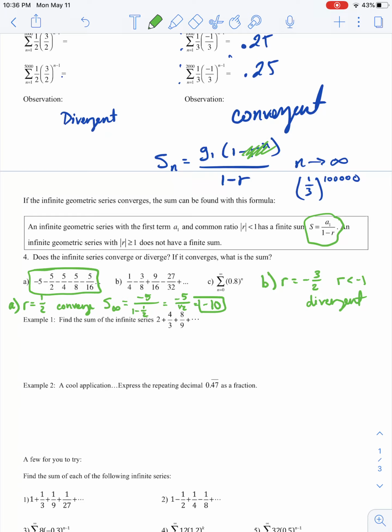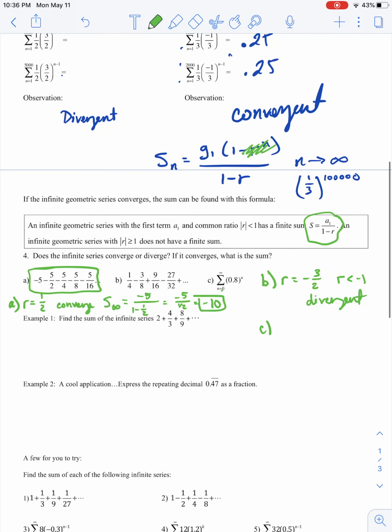And then on the last one there, using sigma notation again, in this case, it's saying start when n is 0. So when I plug 0 in, 0.8 to the 0 would be 1. So that means that my first term is 1. Notice that in this case, the first term is actually when n is 0, but we would still call that the first term.